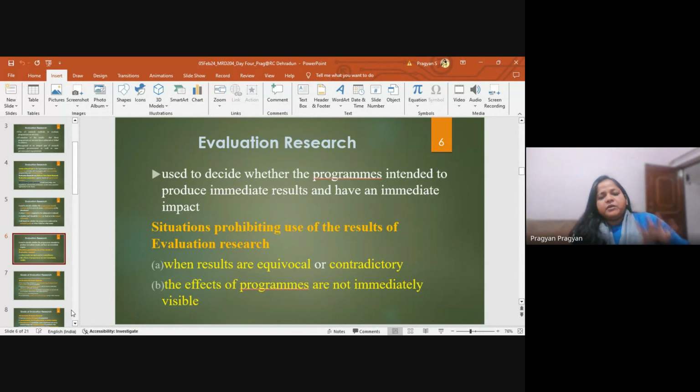Now, despite all these profitable hallmarks, the major problem in evaluation research is that there can be two types of situations which are actually going to hinder the actual productivity of evaluation research. That means these two have to be considered. Why?